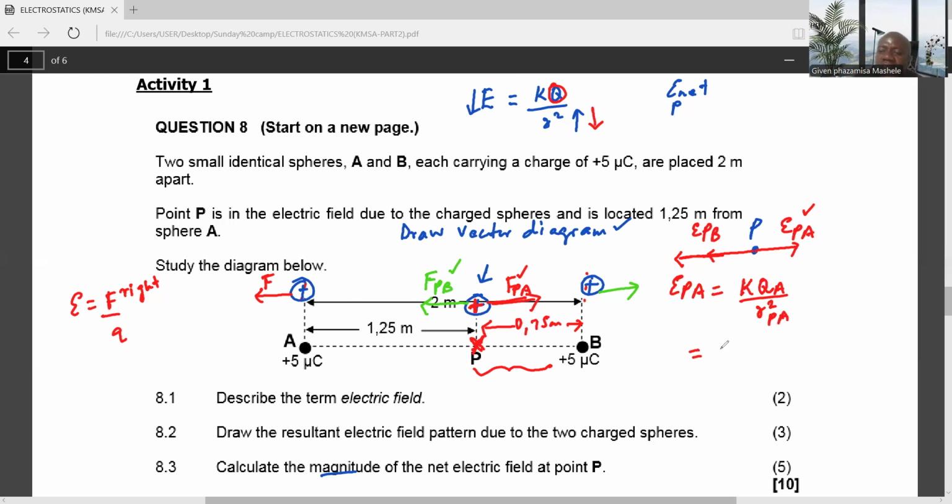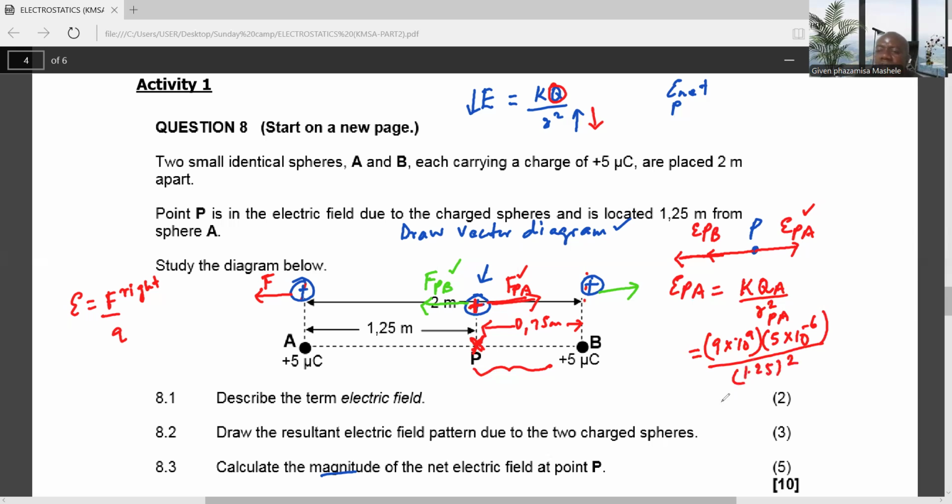So what is the K? It's 9 times 10 to the power of 9. What is the source charge at A? The source charge at A is 5 multiplied by 10 to the power minus 6, divided by the distance between P and A, which is 1.25 squared.